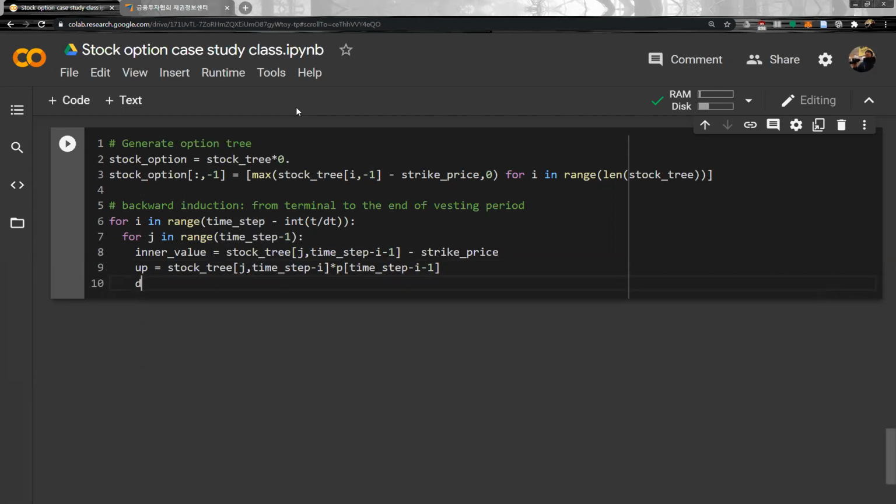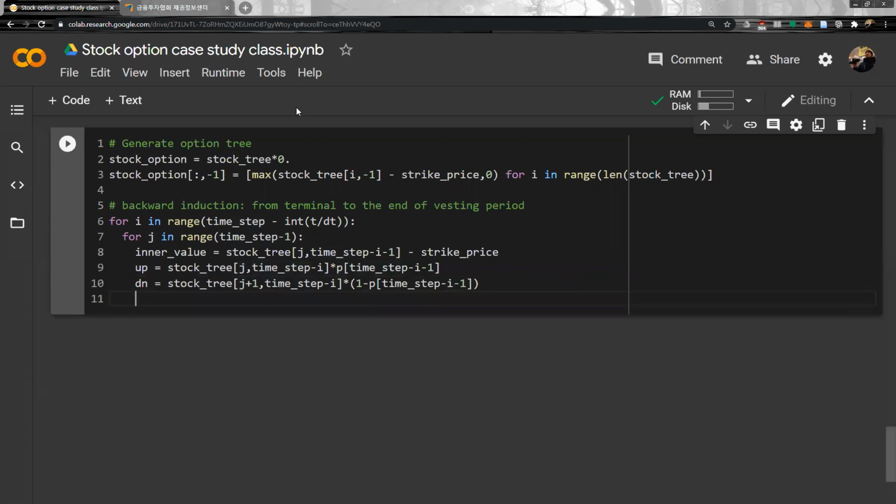Now down movement is basically the same, I can copy and paste, but it's down, so it should be plus 1. And then either up or down, it's 1 minus the up movement probability.